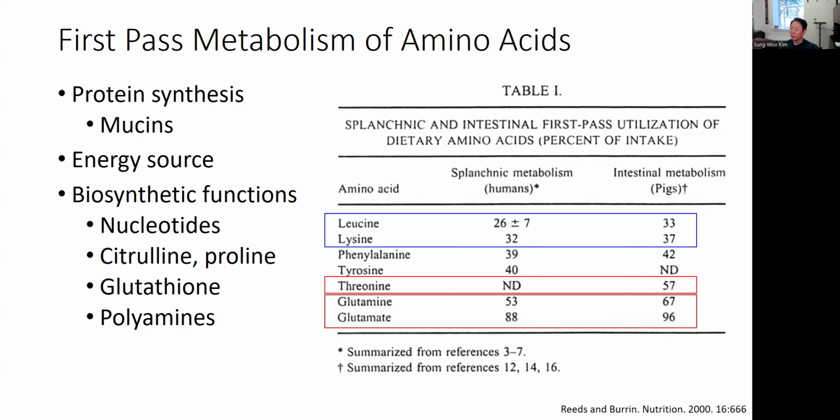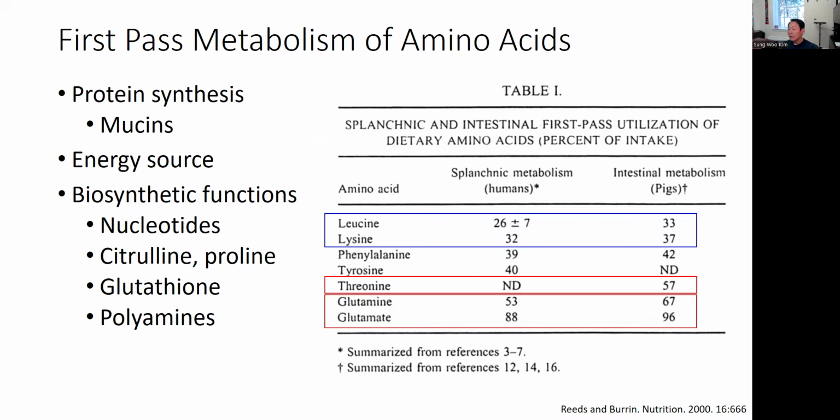What percent of intake will be used by the intestine? In the case of human, it is splanchnic metabolism, including intestine, spleen, and pancreas. Okay, not kidney, right? In the case of pigs, only intestine.